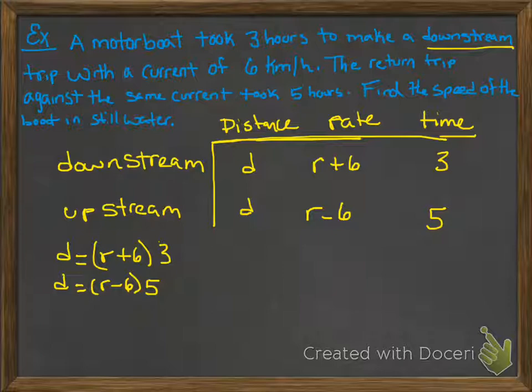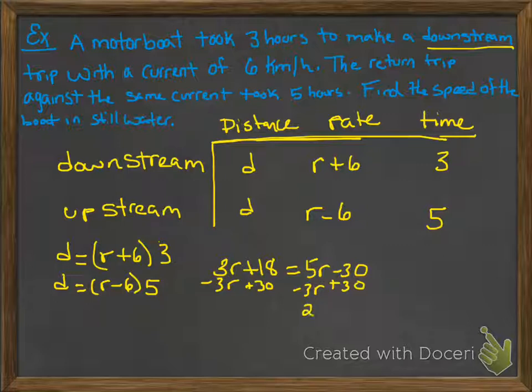And I end up with, I'm going to actually distribute that 3. 3r plus 18 is equal to 5r minus 30. So I'm going to minus 3r and I'm going to add 30. 30 minus 3r. 2r is equal to 48.